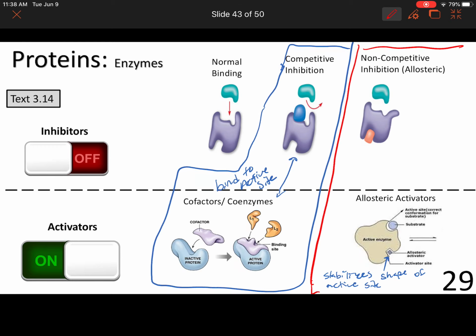That's what they have in common. The difference is that one of those bindings is facilitating the reaction and the other is stopping it. The non-competitive or allosteric inhibitor and the allosteric activators bind somewhere other than the active site. In the case of the inhibitors, that distorts it and makes the active site non-effective. In the case of the allosteric activators, that stabilizes the shape of the active site and allows it to work the way it's supposed to.